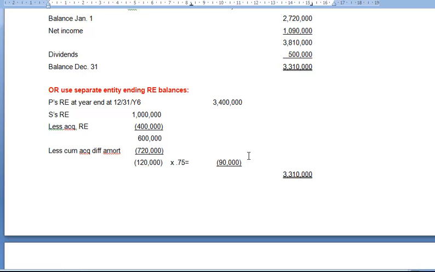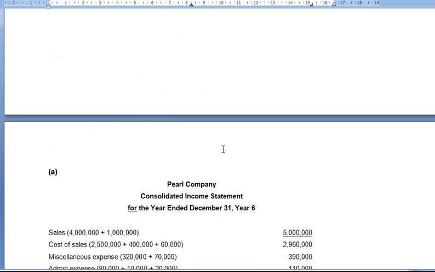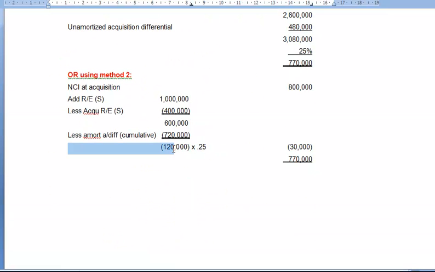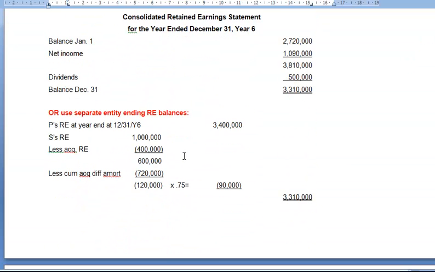That means only its share. NCI picked up 25% when we calculated NCI on the balance sheet, but now the other 75% gets allocated to the parent through its retained earnings, and that happens to be a negative, or a decrement, of 90,000. So again, we're going to get 3.31 million: 3.4 million of the parent's plus the negative 90,000, which is 3.31 million.